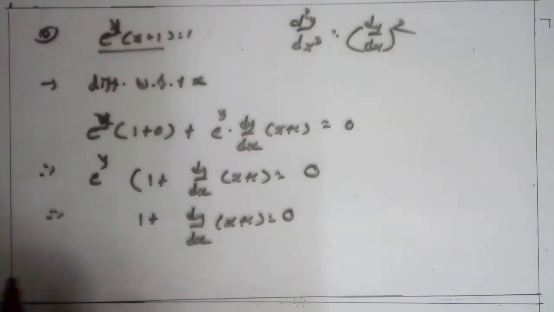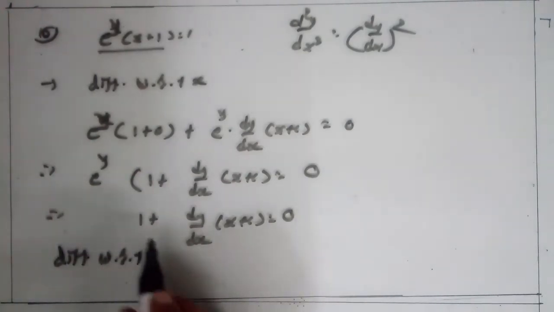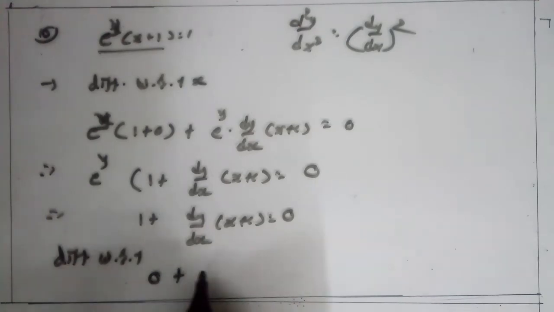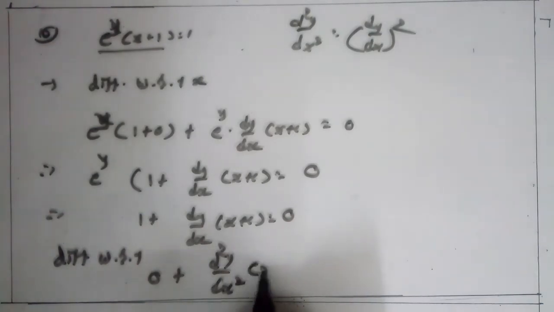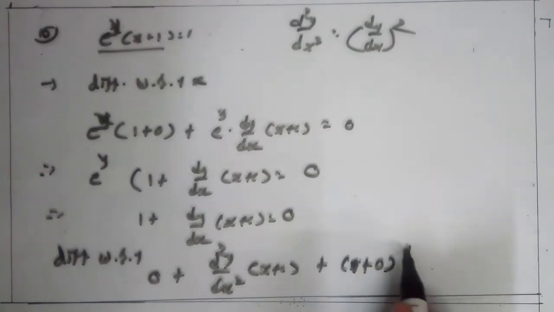Clear this? Now differentiate with respect to x. Here derivative of 1 is 0 plus derivative of this is d square y dx square into x plus 1, plus x plus 1 derivative of x is 1 plus derivative of 1 is 0 into dy dx. Clear? Is equal to 0.